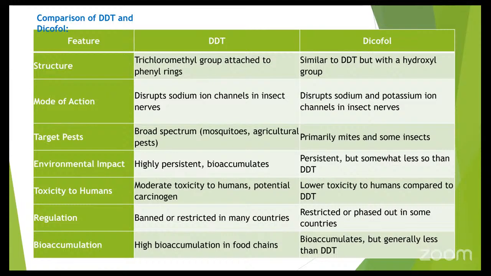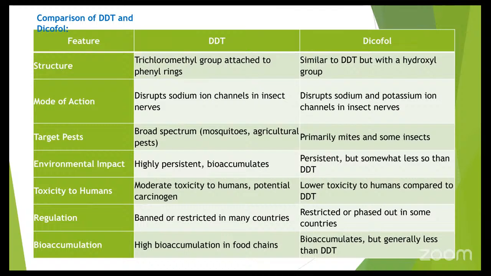DDT is highly persistent and accumulates in the environment, whereas dicofol is persistent but somewhat less so than DDT. Coming to toxicity to humans, DDT has moderate toxicity but is a potential carcinogen. Dicofol has lower toxicity to humans compared to DDT, but is still toxic.